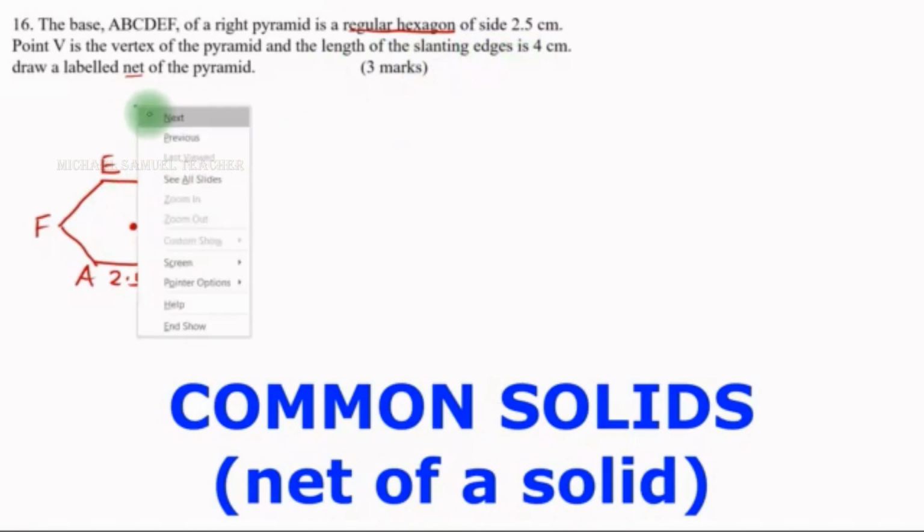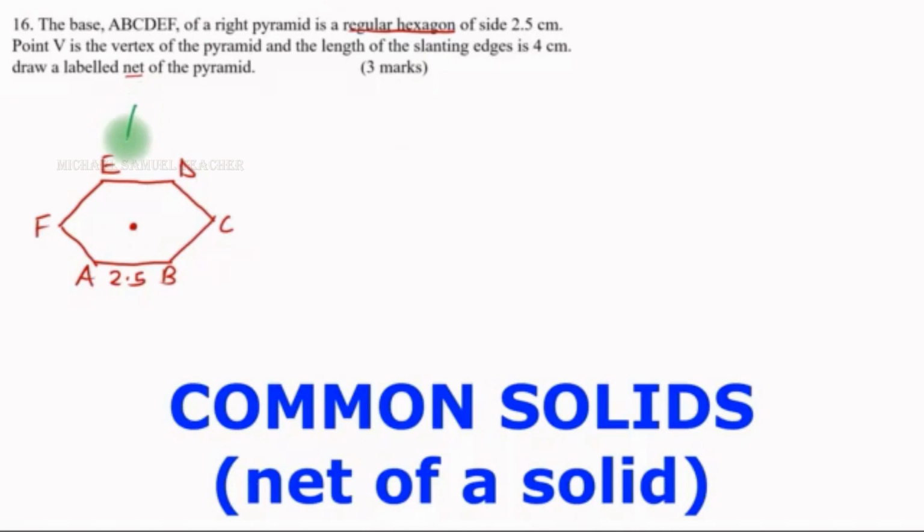So these are meeting at this particular point. So this edge is 4 centimeter. The slant edges, they are 4 centimeter. So from there now we can draw the net of the pyramid.